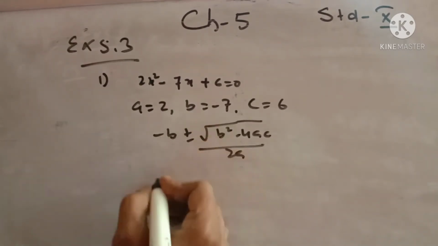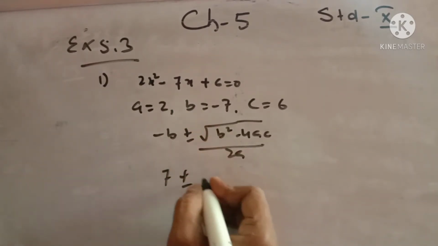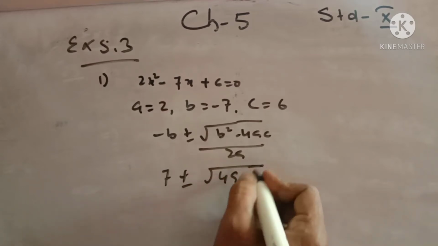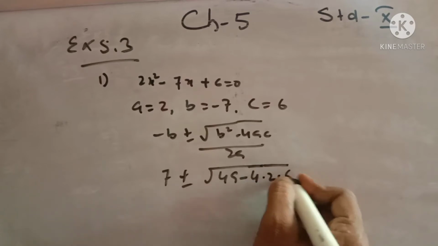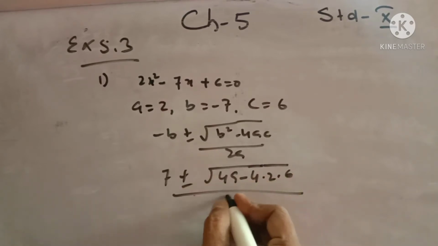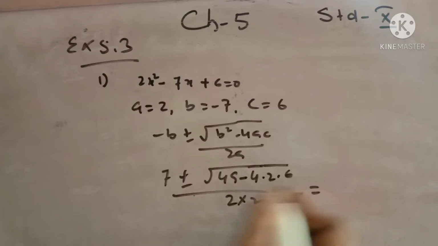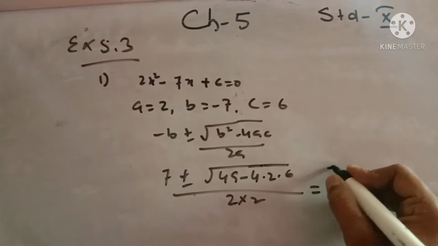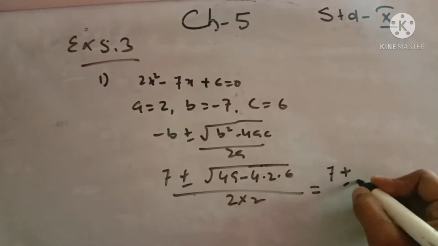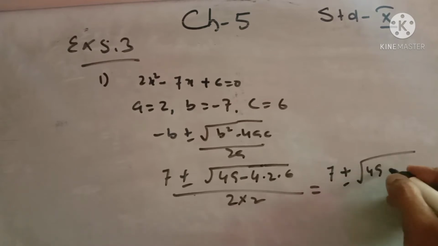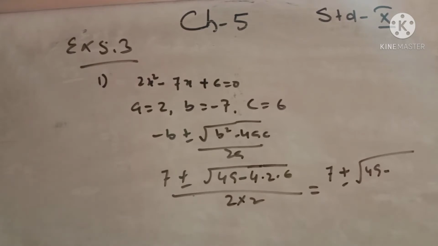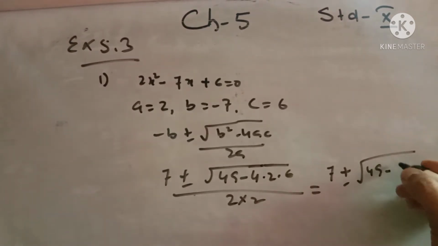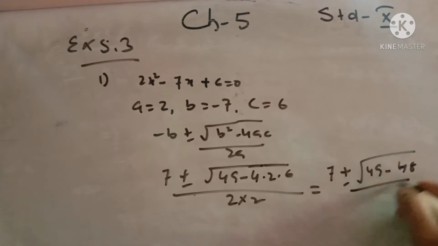Now minus 7, that means plus 7, plus minus under root b square means 49 minus 4 into 2 into c, divided by 2 into 2. This part I can write 7 plus minus under root 49 minus 4 into 6, 48, by 4.